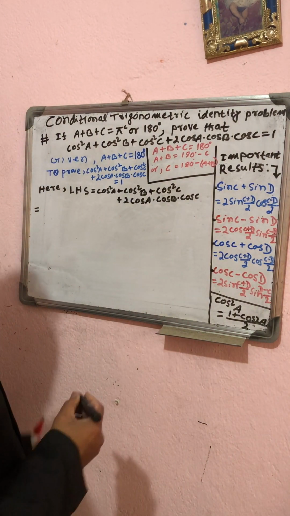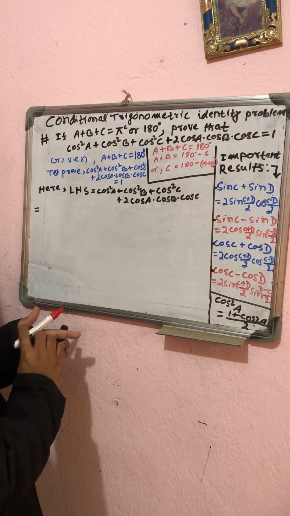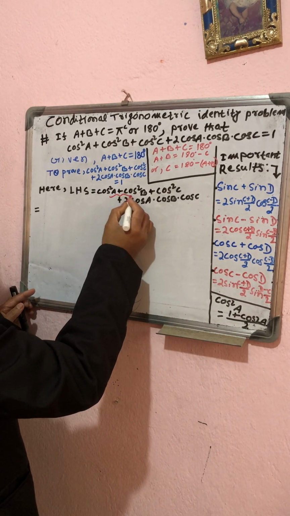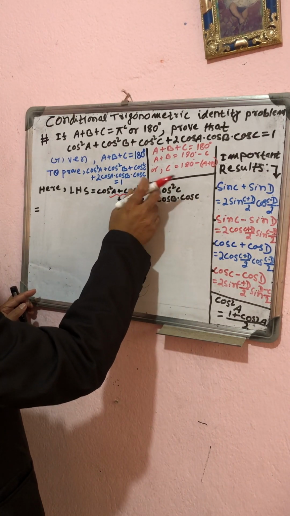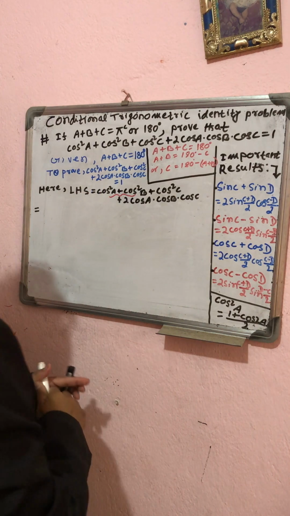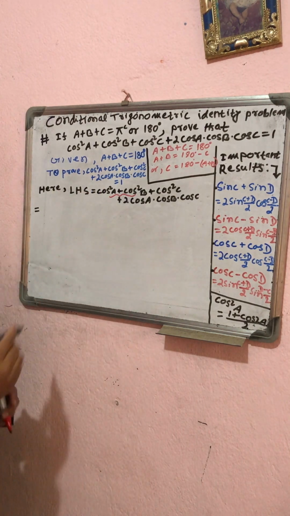So here, firstly I am taking these two terms. You can also take the cos square b and cos square c terms; anyway you have to arrive at the result.